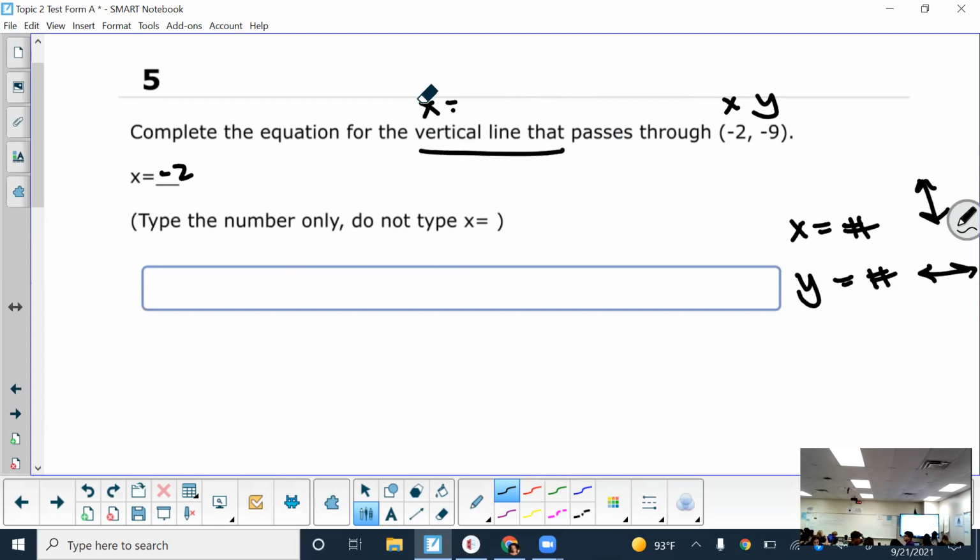Vertical line is x equals, so that's not x equals 0, but x equals something. So it's whatever the x is. Questions there? All right. Any other ones? Yes, please.